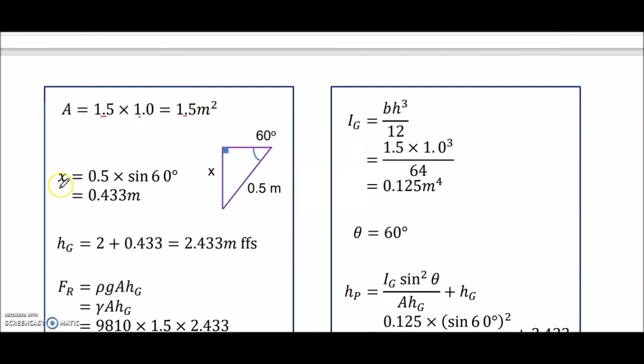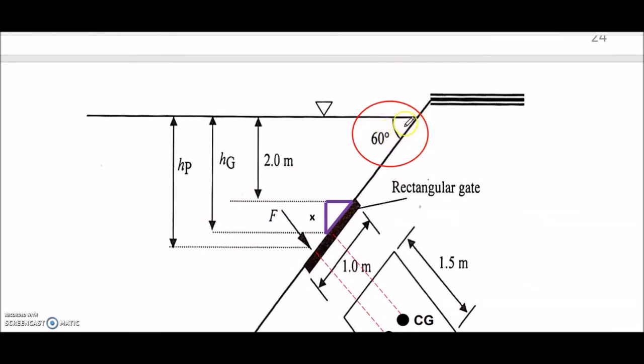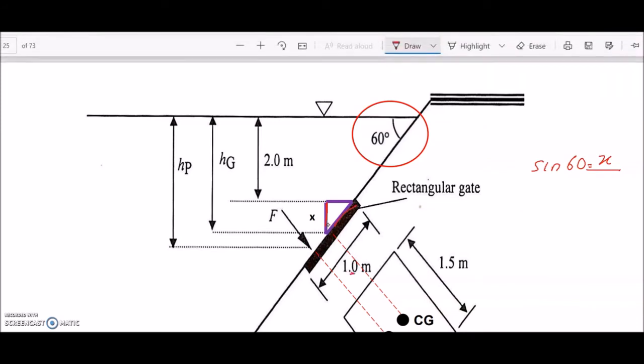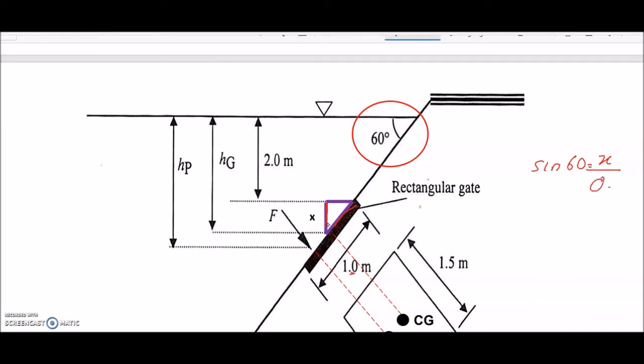And then we want to know the Hg. For Hg, we must know how to convert from this theta angle to this x, to calculate the x. So we use the sine formula. Sine 60 degrees equals the opposite, x, over the hypotenuse. The hypotenuse is half of this 1 meter, so 1 meter over 2, so you have 0.5.